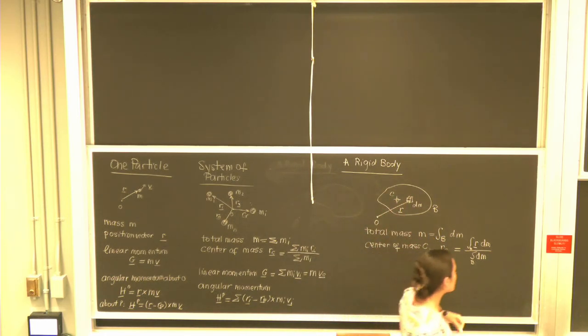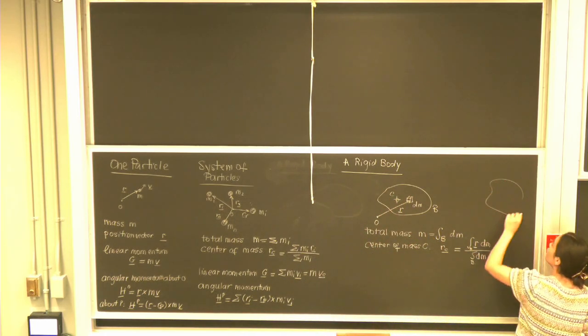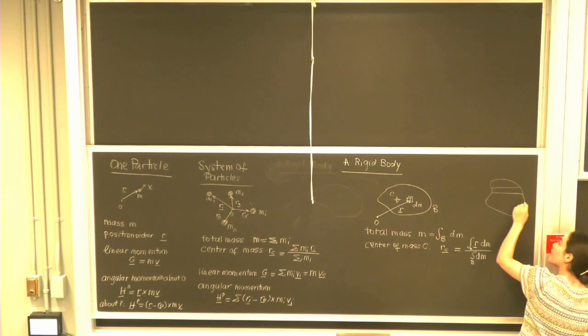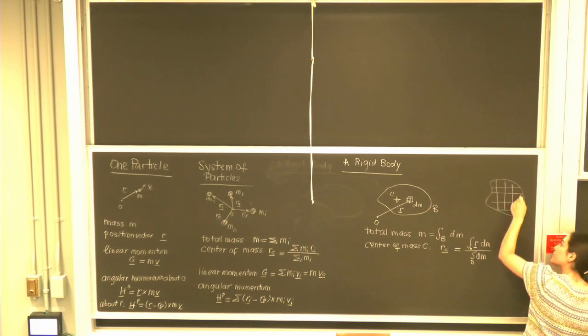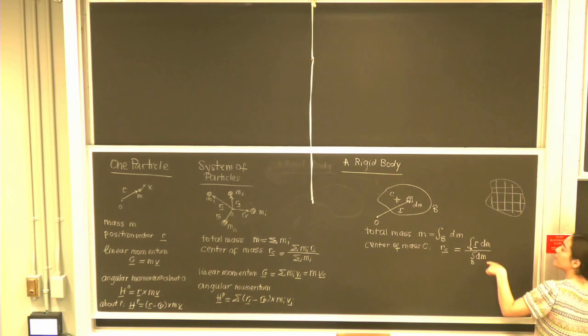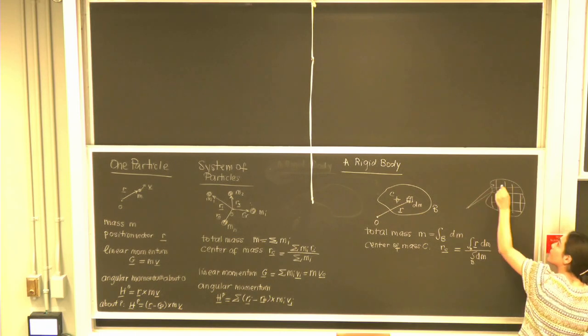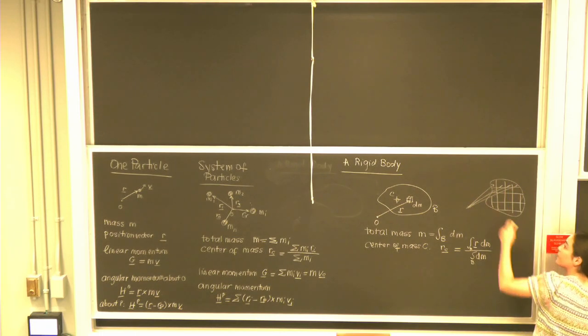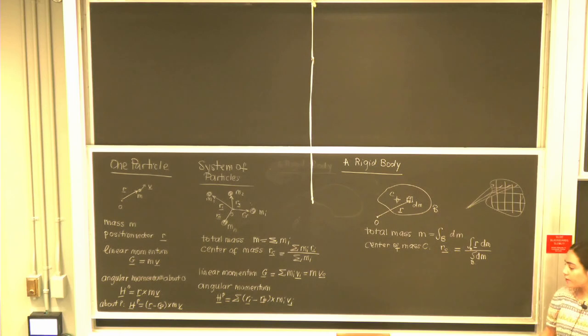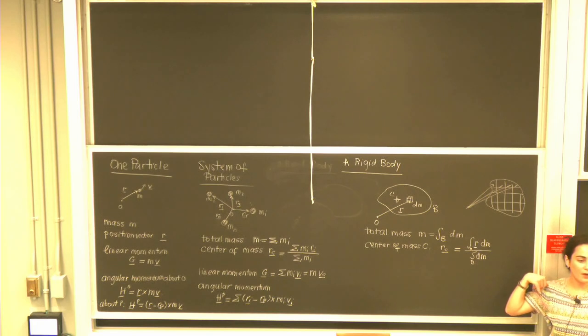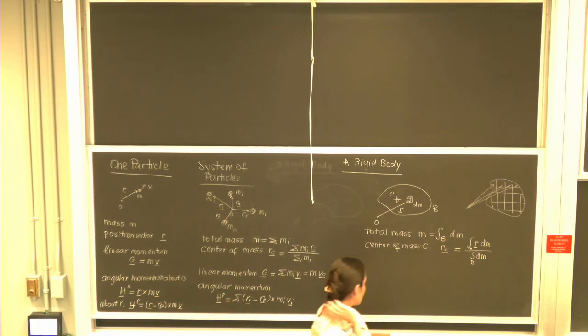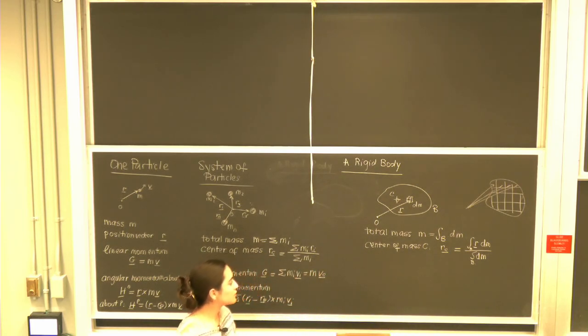So you can think, that's a crude way to think about it, but you can think of the body as a bunch of differential masses, and we're summing R dm, R dm, R dm for each differential mass. So R is the position vector to the differential mass dm, and then we're summing that over all the possible dm's of the body. And each dm has a different position vector at each instant. Okay, so R is the position vector relative to the origin.